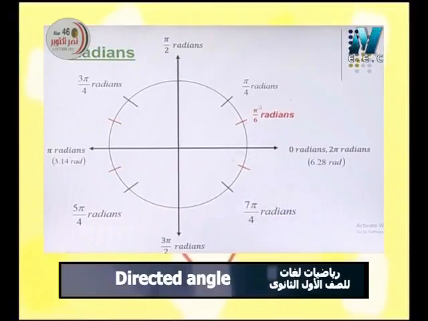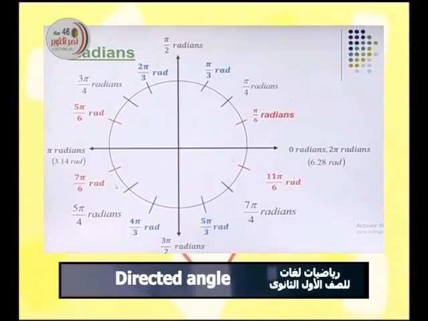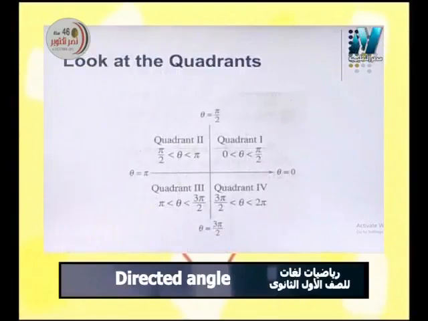We have here pi over 6, which is 30, and 5 pi over 6 here, 7 pi over 6 rad, 11 pi over 6 rad, and pi over 3 rad, 2 pi over 3 rad, 4 pi over 3 rad, and 5 pi over 3 rad.